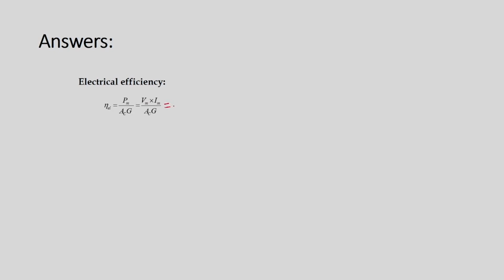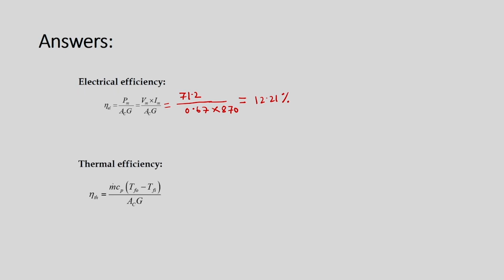So, these are the maximum voltage and maximum current. So, here it is 71.2, right, and AC is given to us is 0.67 and Z value, which is solar radiation, is about 870. Okay. So, if we calculate it, it is found to be about 12.21 percentage.